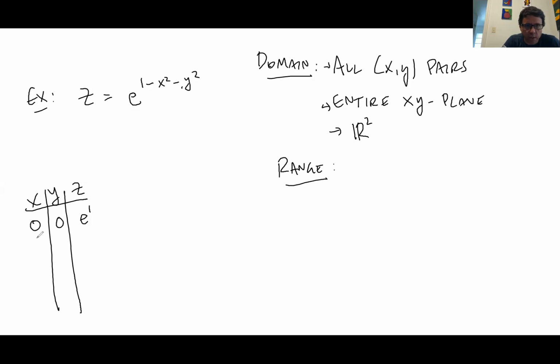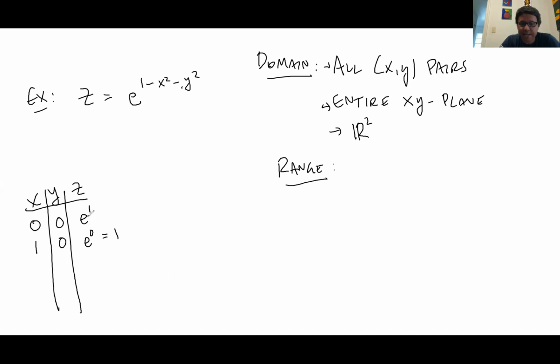Okay, so I know I can get that. If I plug in, say, 1, 0, if I plug in 1 for x and I plug in 0 for y, I'll have e to the 1 minus 1, so that'll be e to the 0. That's equal to 1. So I know I can get the z values I'm trying to figure out which ones they are. I know that I can get 1.